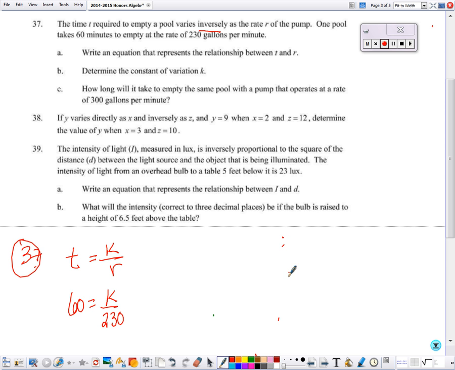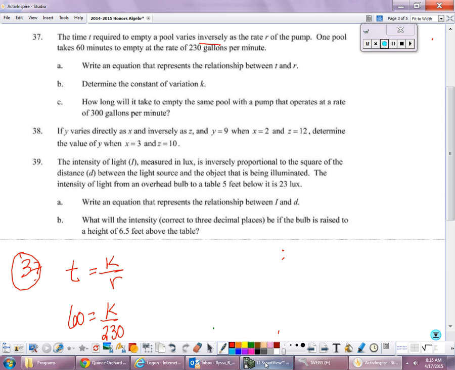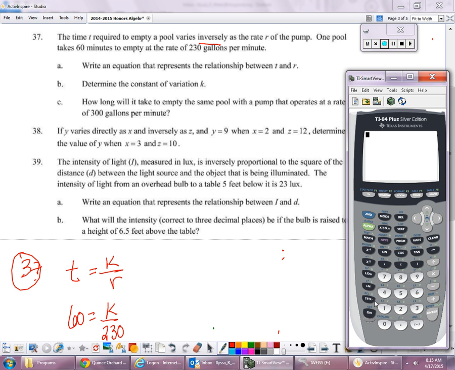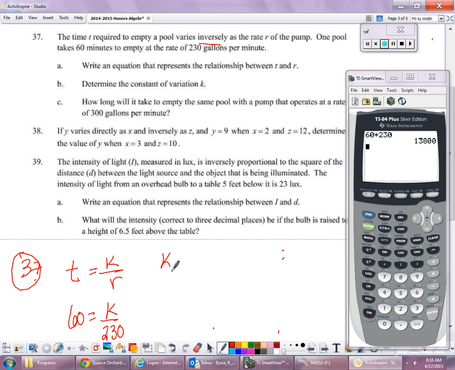So to solve that, we're going to multiply by the 230. So K is 13,800. Oh, that's the answer to B. I guess for A, we can just use the setup with all the variables.